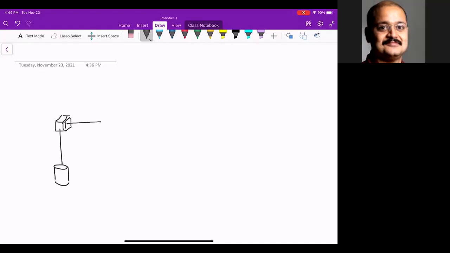And then we have a revolute joint. Is this the same kinematic diagram that you have? R, T, R. Do you agree with me?